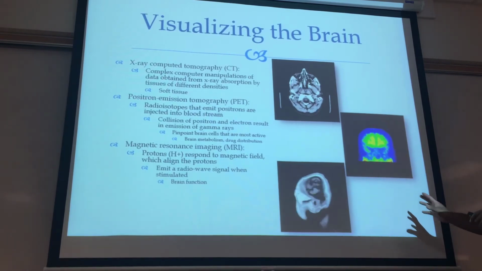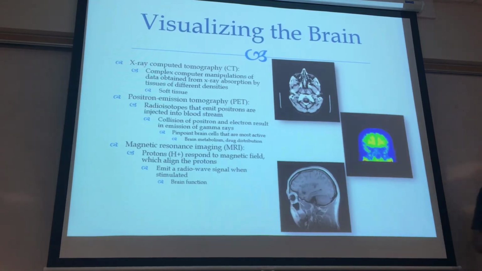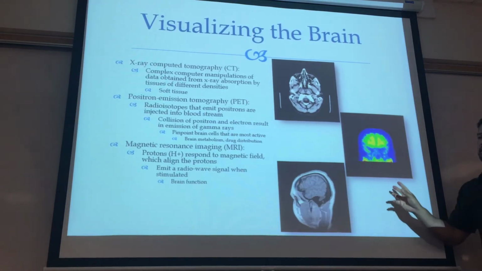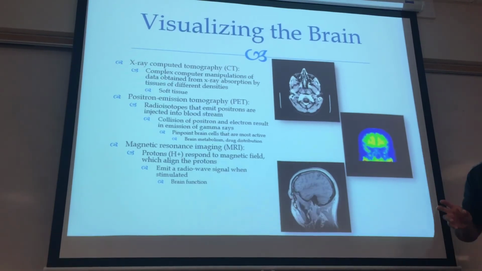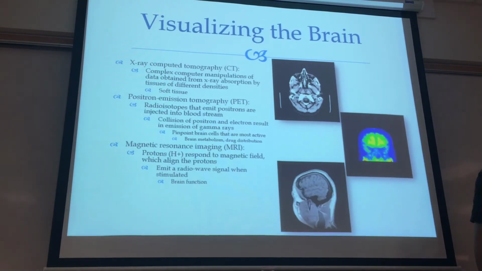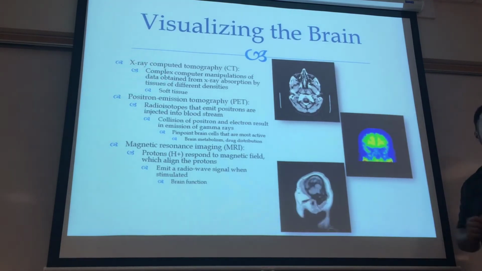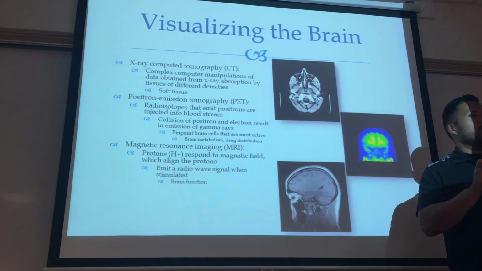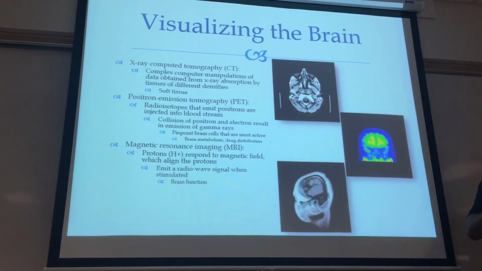The next one is quite a different type of scan called positron emission tomography. Basically what this comes down to is the use of contrast, radioactive isotopes. If you remember from our first lecture, we talked about contrast that's used. This was our tagged fluorodeoxyglucose, FDG, which is a common contrast that's given in PET scans. And that is a tagged glucose molecule that will eventually make its way over to areas that are fairly active.